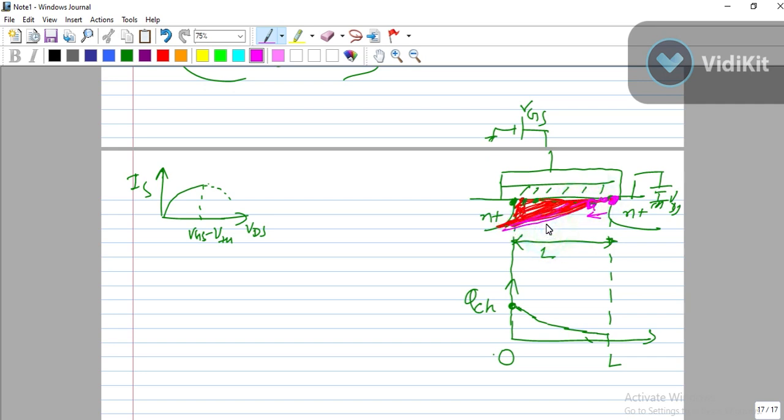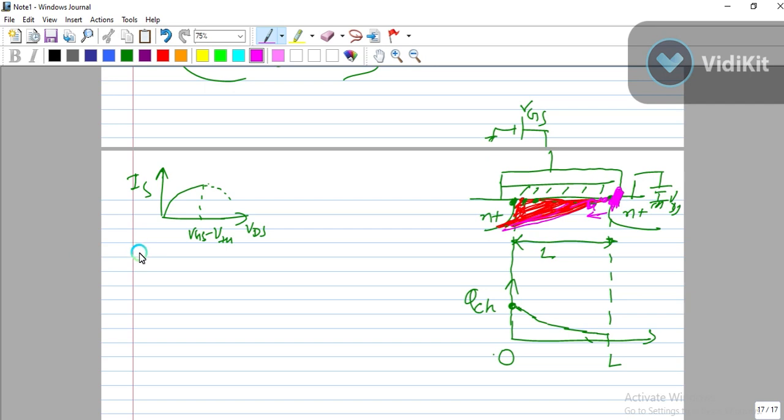So the equation which we used previously, which was giving us the current equation, is not applicable in this case. So we have to derive the current again. See, at the end point there, what is the potential difference?